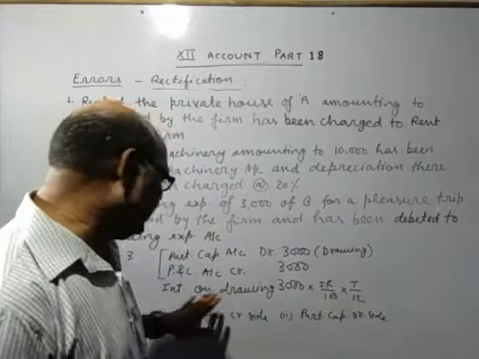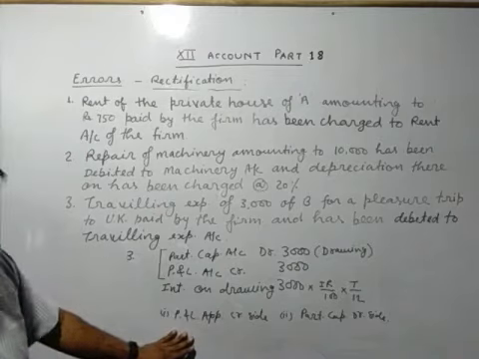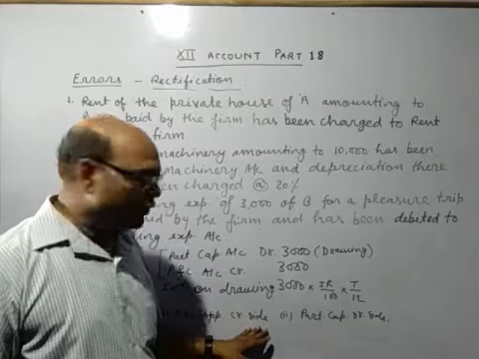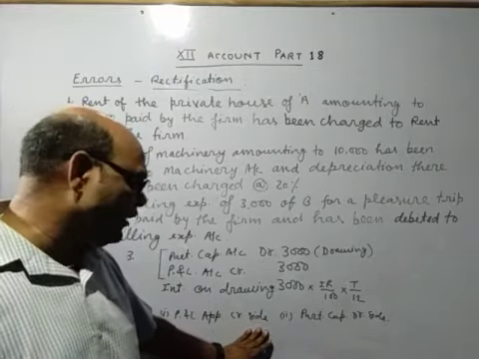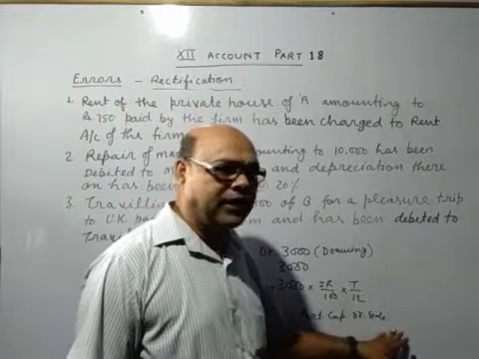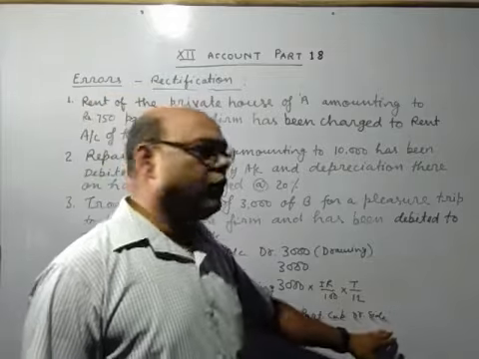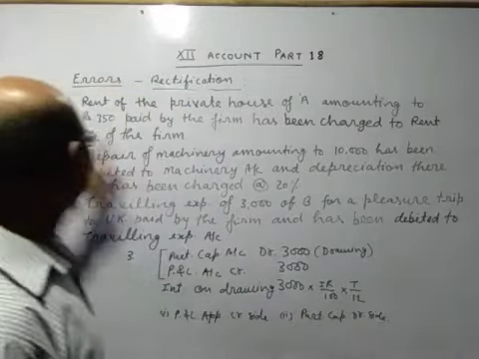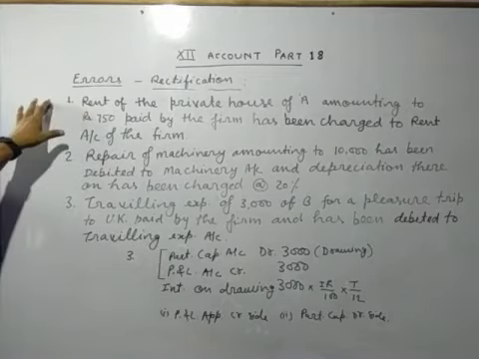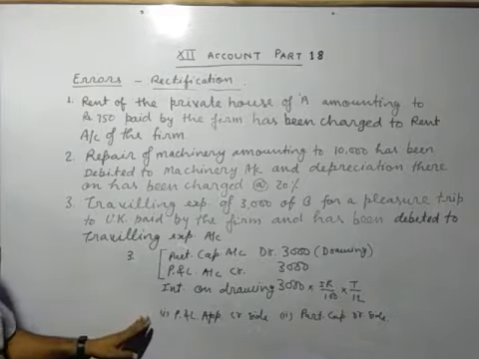This is the interest on drawing, which, as you know, is posted on the P&L appropriation account credit side and the partner's capital account debit side. So condition number 1 and condition number 3 are the same, and the same posting will be made.